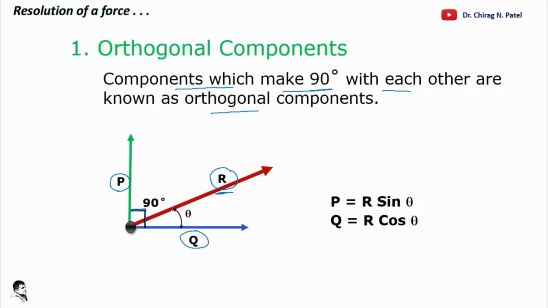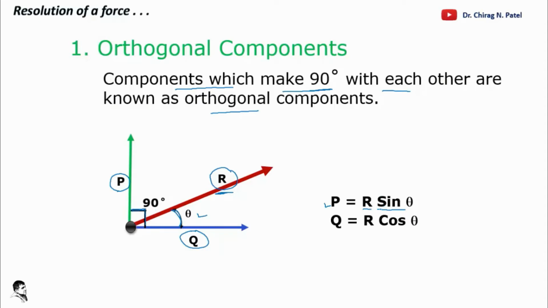If we know the theta between the force and that component, we can easily resolve the components like this. So P is equal to R sine theta, if you know this angle; to find this component we generally use sine theta.